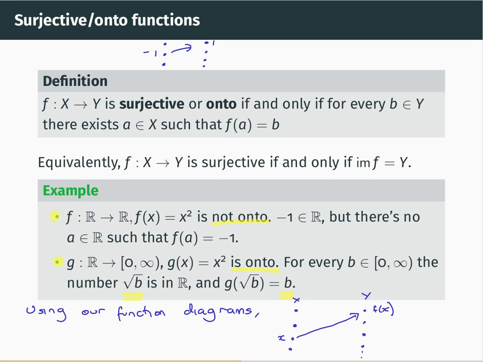Well then, a function like this would be surjective or onto if and only if everything in the codomain is the target of an arrow.